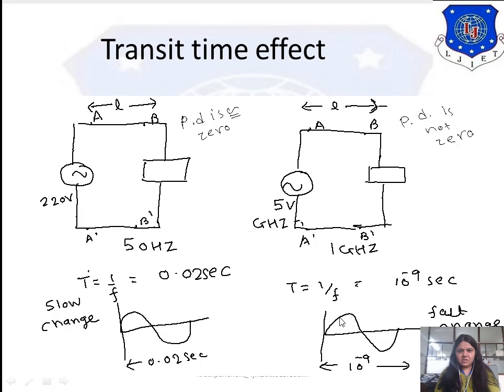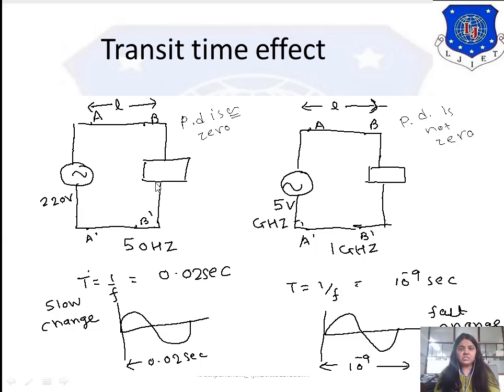There is a fast change we observe while the frequency is higher. So the voltage at AA dash will not remain the same at BB dash. The voltage at point AA dash is not the same as at BB dash, so the potential difference is not 0 in this case.